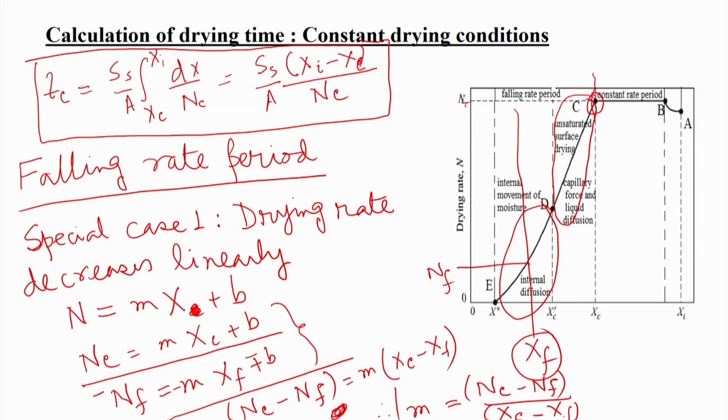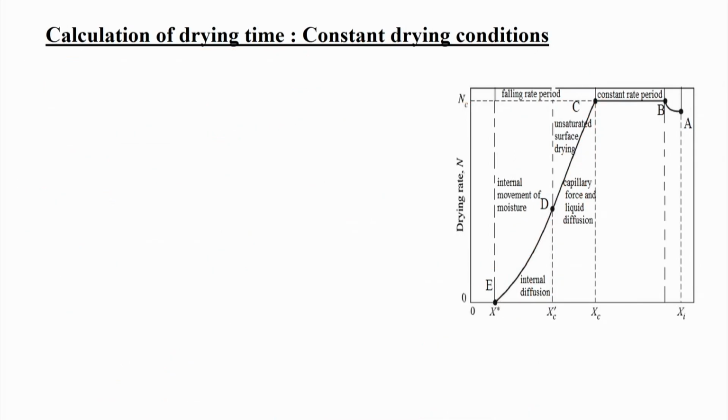So, we can say this is the slope of this line. We are assuming that it is entirely linear like this. So, m, the slope, will be n c minus n f by x c minus x f for the falling rate period.